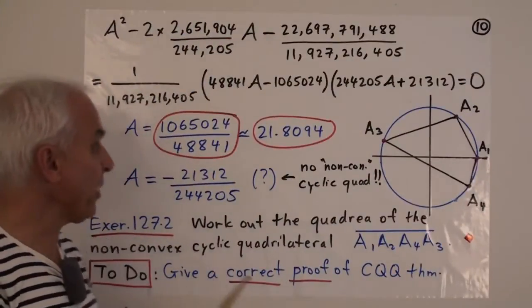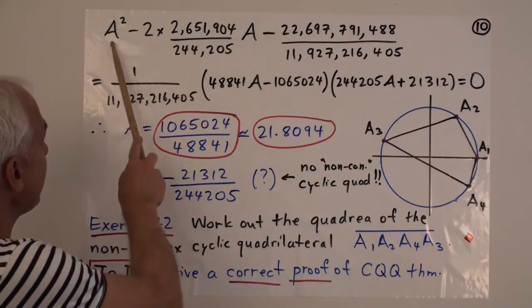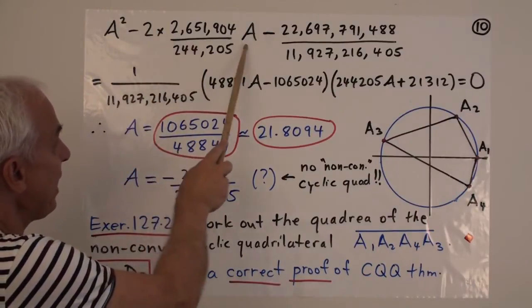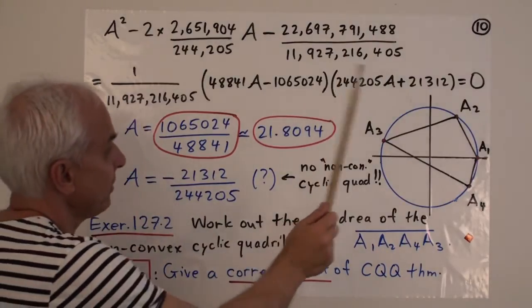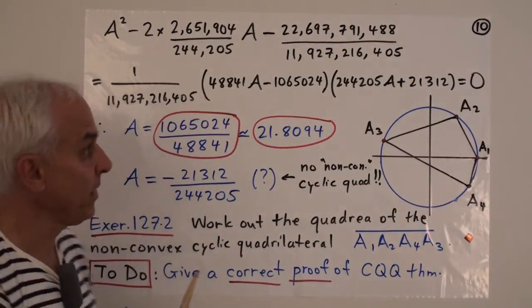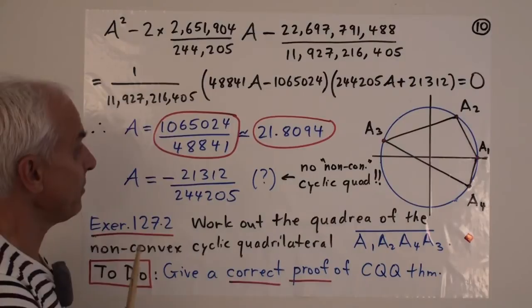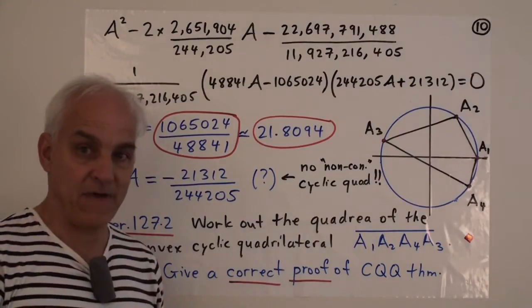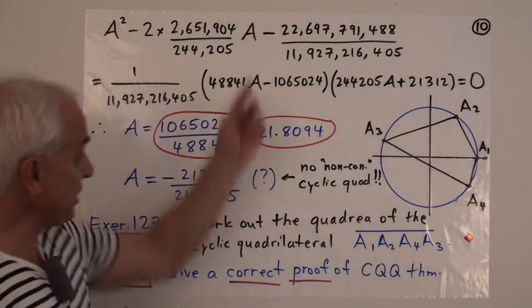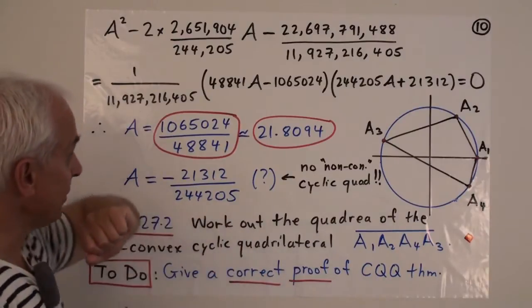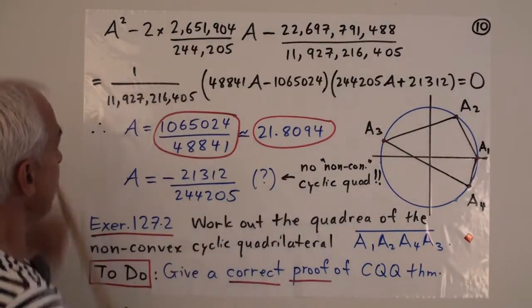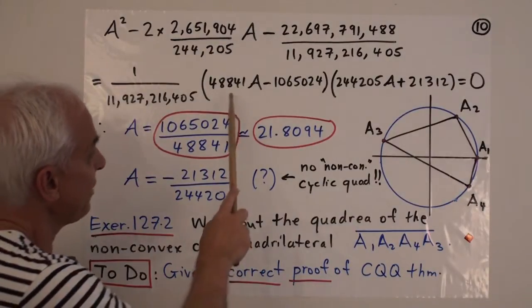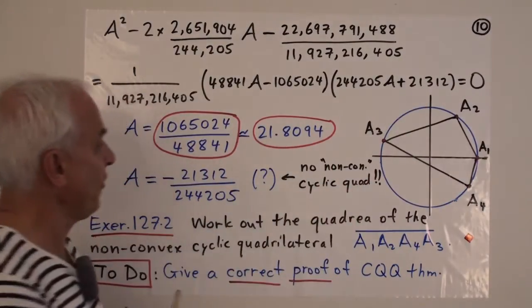So let's see what that looks like now. The quadratic equation that we get looks like this: A squared minus 2MA plus P, and that's going to be equal to 0. It's a quadratic equation, so we naturally ask, does it factor? Well, it turns out it does factor. It's a pleasant fact that if we get rid of this denominator out front here, then the 2 linear factors are these ones.